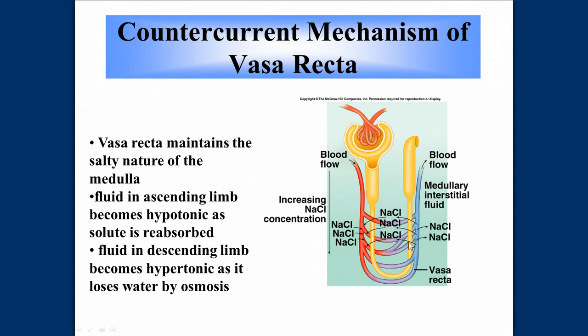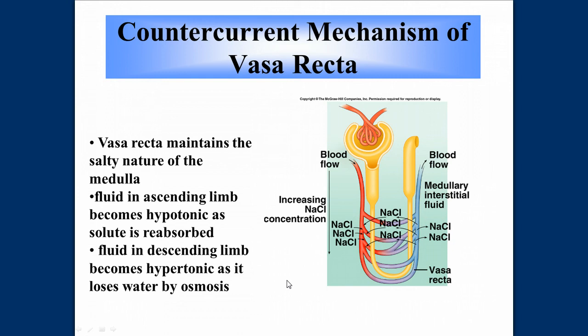So remember that I said that it would be awfully salty here, and we can't have that salty situation because it would draw the water out. We don't need it to stay real salty, so some of that sodium chloride is reabsorbed into the capillaries, some by the tubules, but into the capillaries.